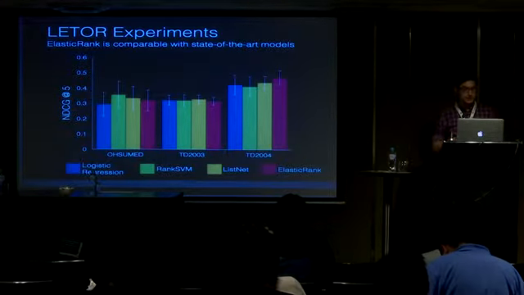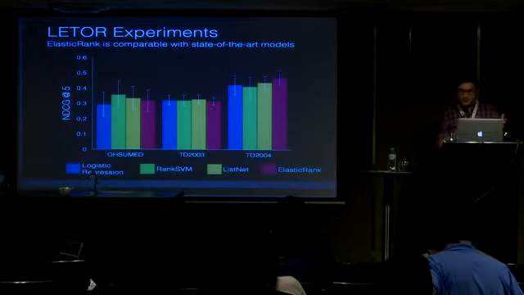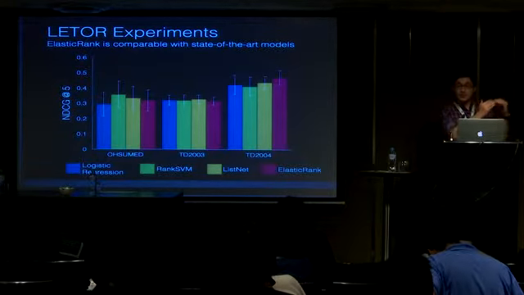Here on the vertical, you can see NDCG at 5. We let all the other algorithms run until they converge, and we do only one pass with ElasticRank. So essentially, you can see sometimes we win, sometimes we don't do so well. There are some other methods that do better, but we are never statistically worse than the best method. So essentially, we don't lose much by adding so many constraints.